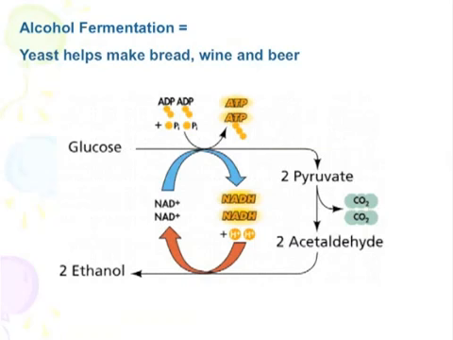So as you see in this picture, the top line is for glycolysis, where glucose is broken down into 2 pyruvate and ATP is made. Then what happens after that, if there's no oxygen in yeast, they go through alcoholic fermentation. The 2 pyruvate lose a carbon dioxide each, so 2 carbon dioxides are released to make 2 acetaldehydes, and then those get reduced by the NADH and form NAD+.